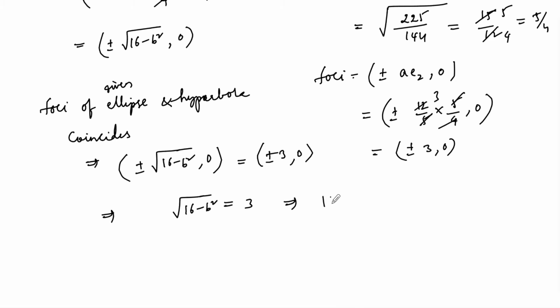So on squaring both sides, 16 minus b square is equal to 3 square, that is 9, or b square is equal to 16 minus 9, that is the value of b square is 7.